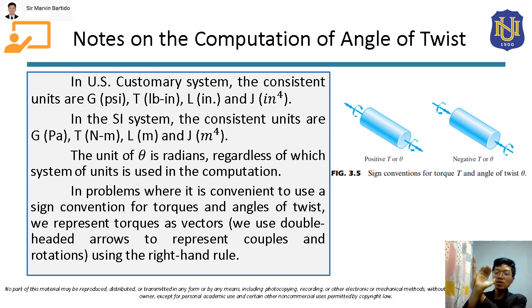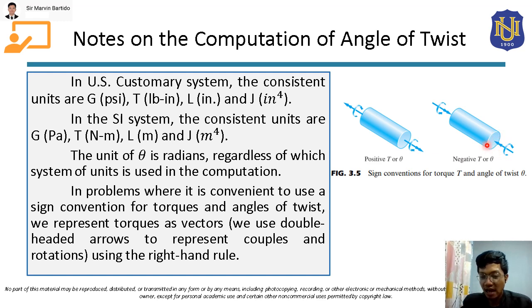As you can see, this thumb represents the double-headed arrow, and this double-headed arrow is pointing away from the cross-section because the torque here is clockwise.